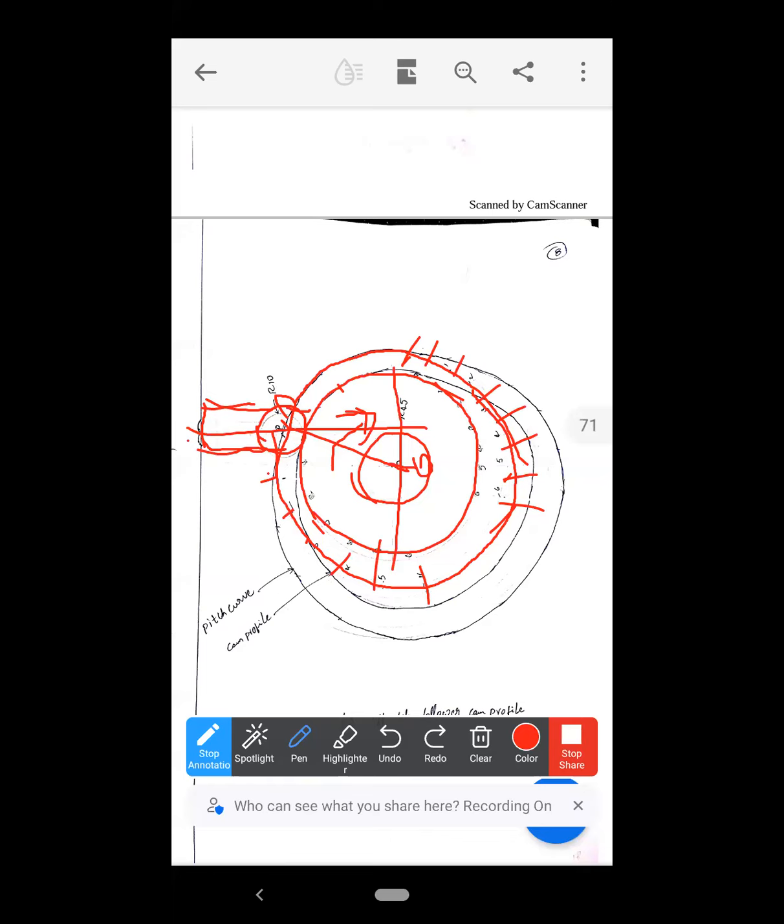Now give the numbering. Later you have to draw tangential lines to the offset circle, and the tangential lines pass through the divisional points. So these are the divisional points.